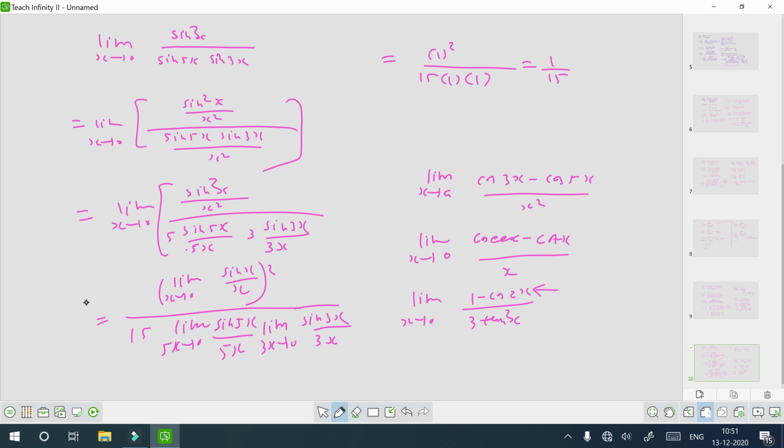Next one. See, limit x tends to 0, e raised to 3 plus x minus sin x minus e cube upon x. Let us see how to solve this one.